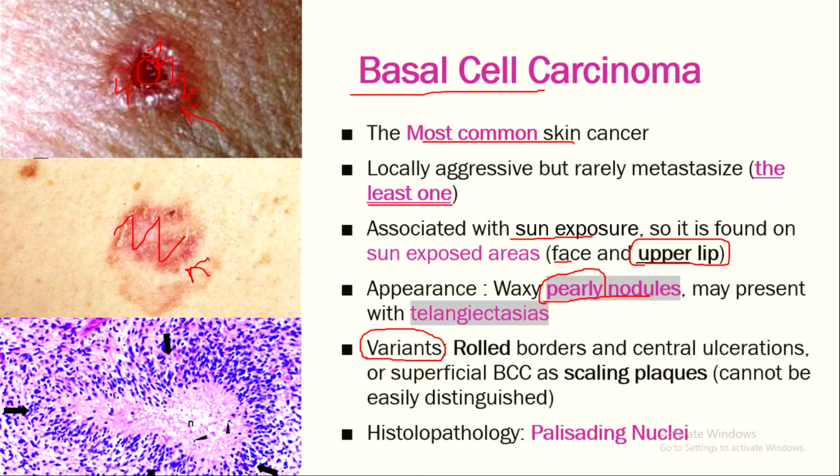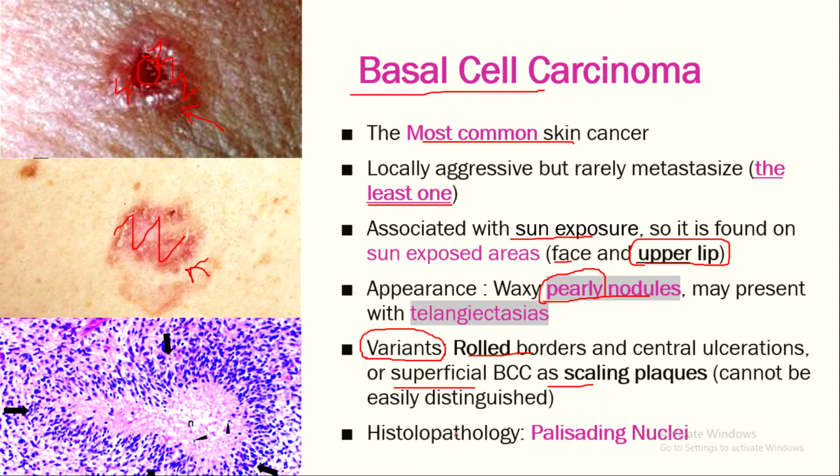The superficial basal cell carcinoma cannot be easily distinguished from other dermatological conditions, but the clues and the history of the patient will give you an indicator that we are talking about basal cell carcinoma, so it is either rolled borders or scaling plaques in superficial basal cell carcinoma.